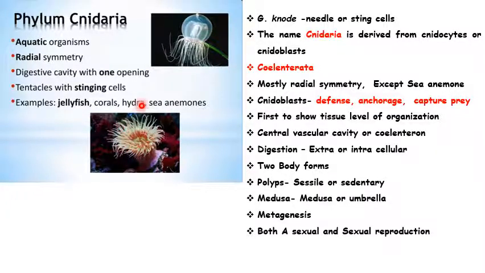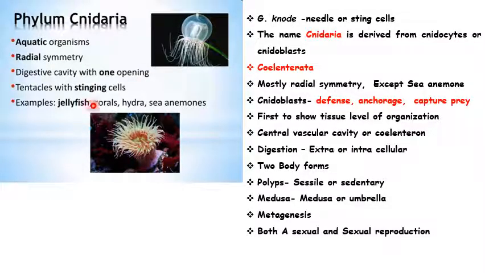With the help of these tentacles, known as polyps, they are able to digest their food outside, and through the mouth they can digest their food inside their body. That is why they are extracellular as well as intracellular.